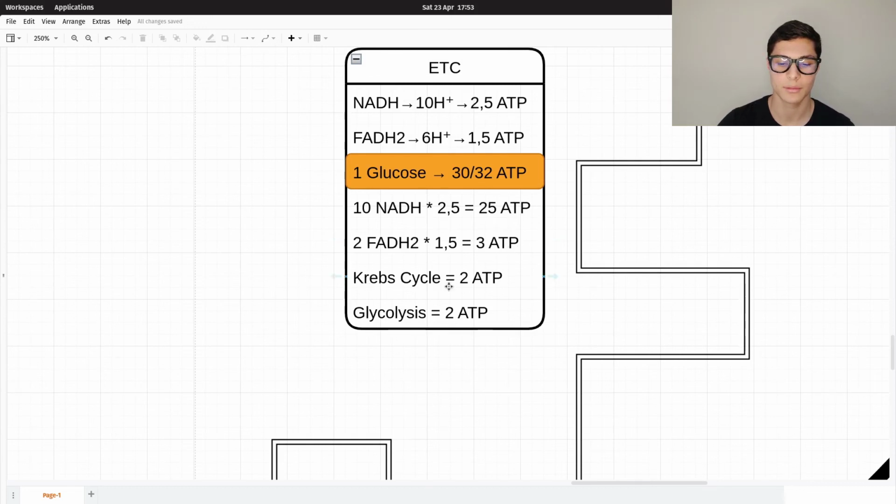And the Krebs cycle, with the GTP creating ATP, is going to create 2 ATP, so we get 30. And if we count that glycolysis, the anaerobic glycolysis, also creates 2 ATP, then those are 32 ATP from 1 glucose molecule. So that's it for the mitochondrial metabolism.